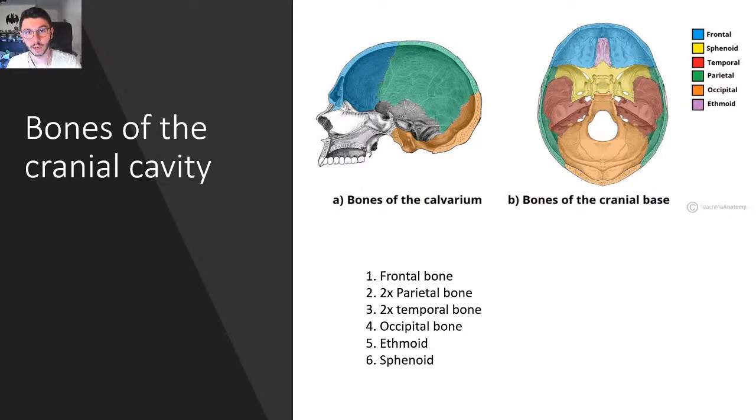Now, what's important here, and we'll do this in a different video, is the course of the cranial nerves. It's very important to understand the bony anatomy and have a good picture of this when you talk about the cranial nerves, because that's where they pass through, and the different foramen and the different processes are key attachment points as well.